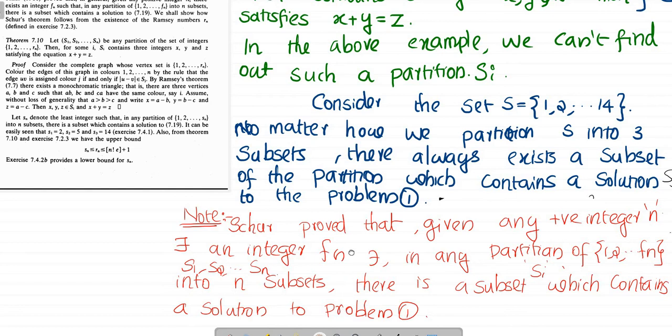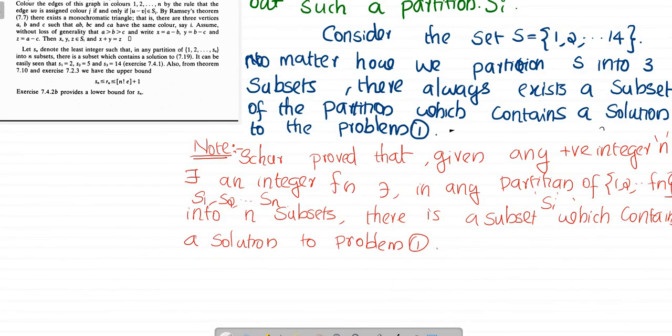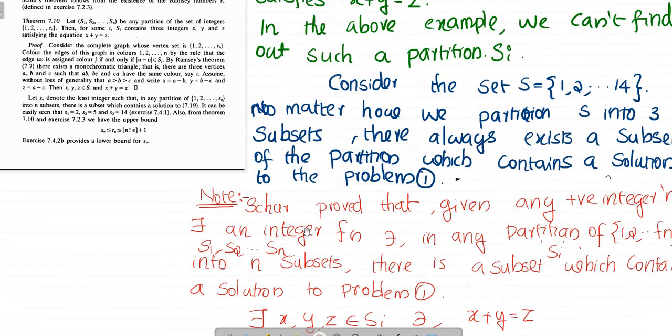That means there exist x, y in Si such that x plus y equals z. This is how Schur's theorem is defined.